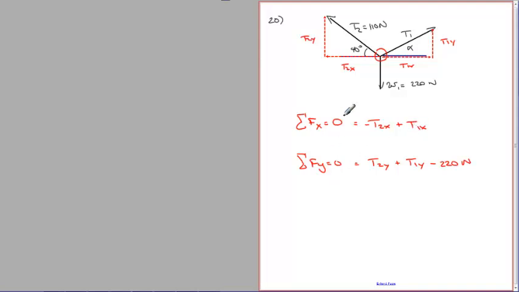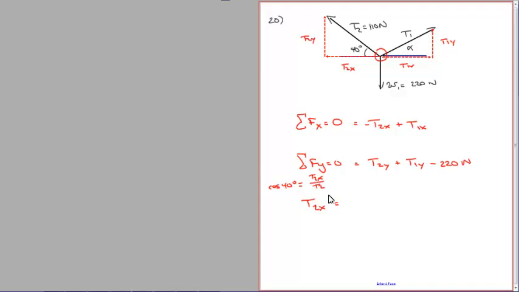We also know that we can relate T2 to either one of these. So we know that T2x, which is this force, if we do the geometry, this is the adjacent side and this is the hypotenuse, so we use the cosine. Cosine 40 degrees is equal to T2x over T2.